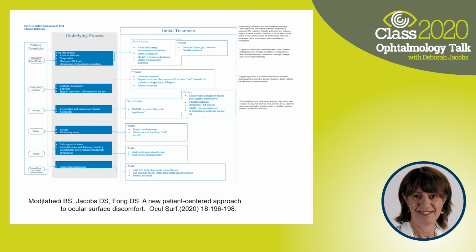I find this more useful than approaching this as dry eye per se. Again, I find out if the problem is intermittent blurry vision, gritty or sandy sensation, burning, itching, tearing, or contact lens discomfort. Each of these are labeled by other doctors as dry eye, but I tell patients that I don't accept that as the diagnosis.